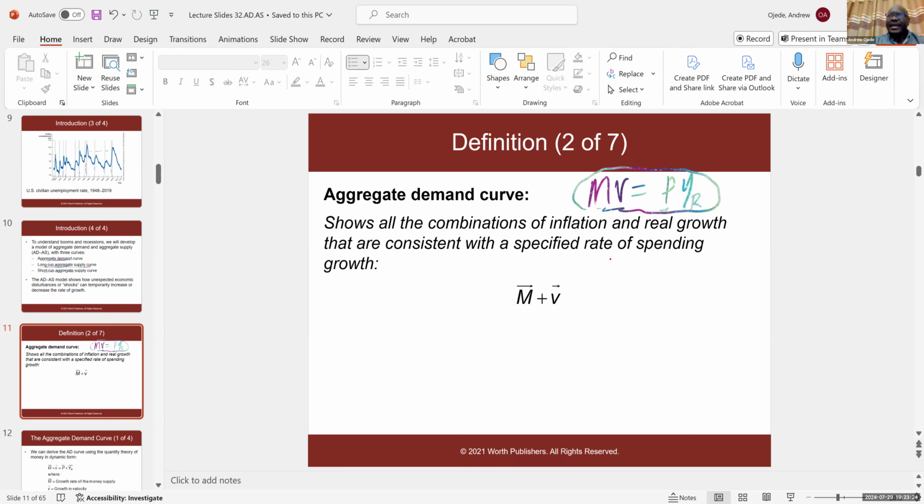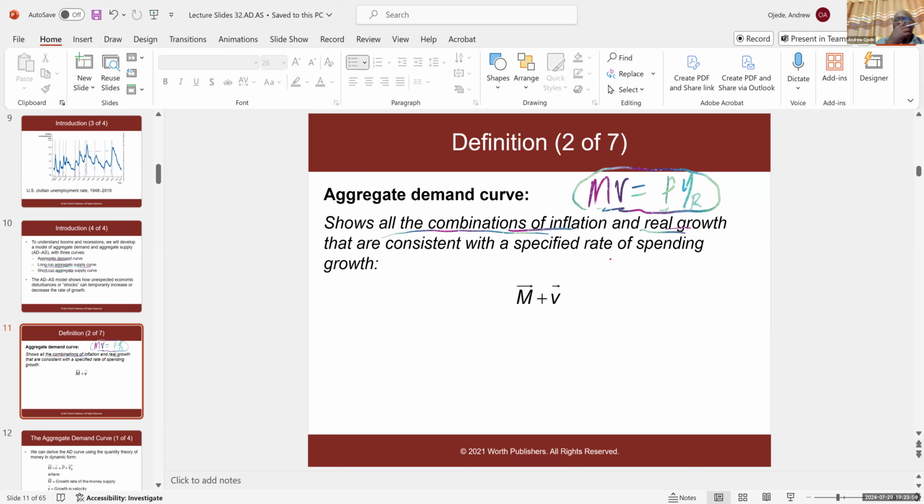So the aggregate demand curve is going to show all the combinations of inflation and real growth that are consistent with a specific rate of spending growth. Let me define that again: the aggregate demand curve shows all combinations of inflation and real growth that are consistent with a specific rate of spending growth.